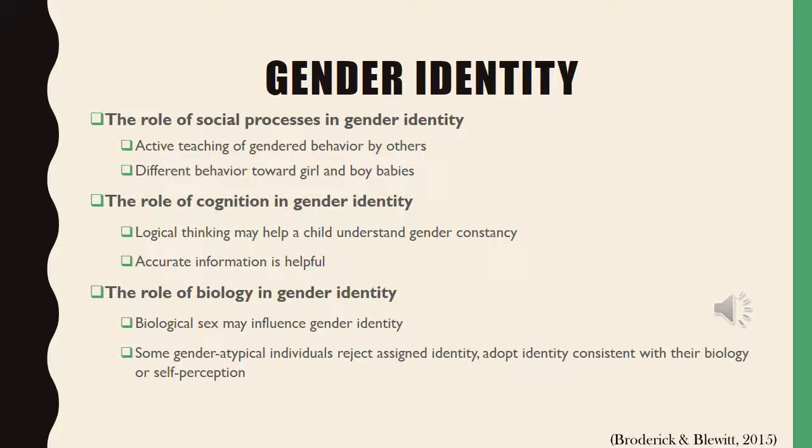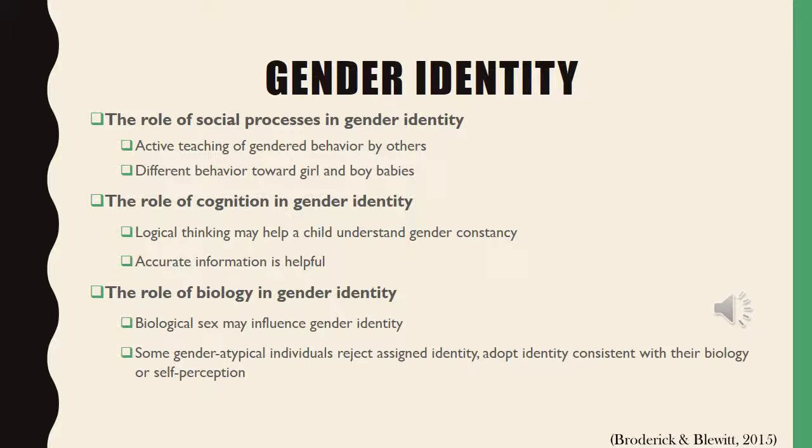And then the idea that biology does really impact gender. Most often children identify with the sex or the genitalia at birth. However, in atypical gender identity development, individuals will reject the assigned identity and maybe adopt an identity consistent with their biology or more consistent with their self-perception.